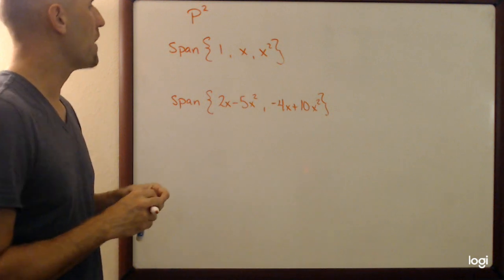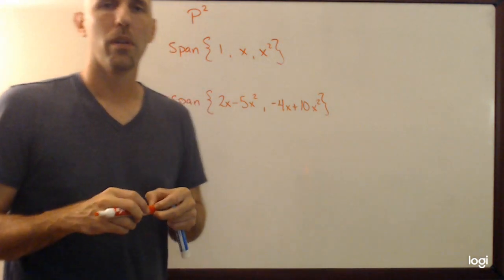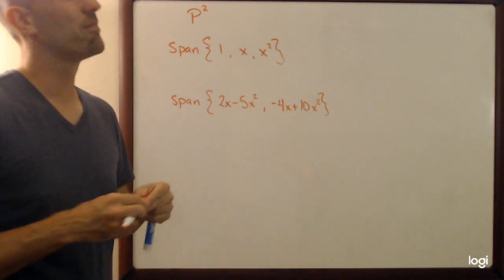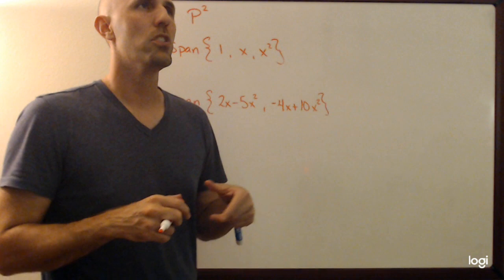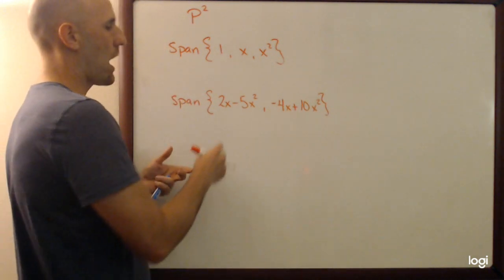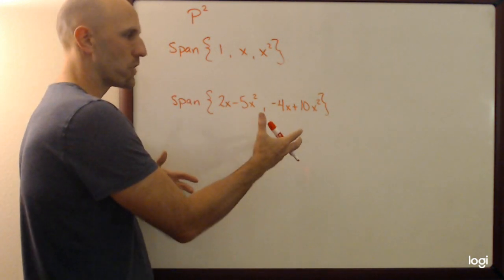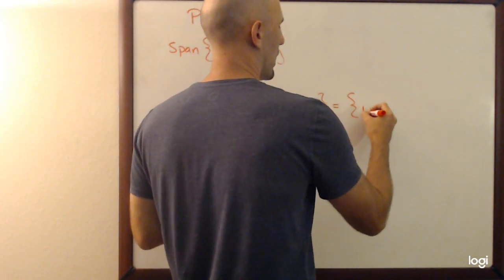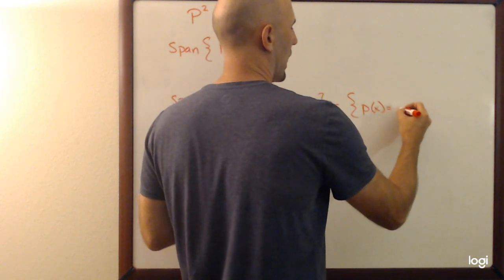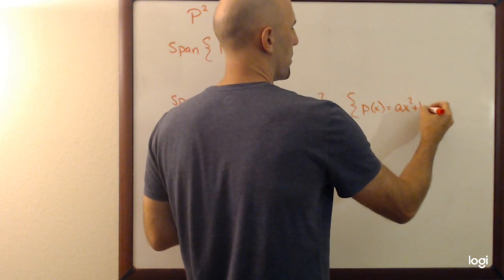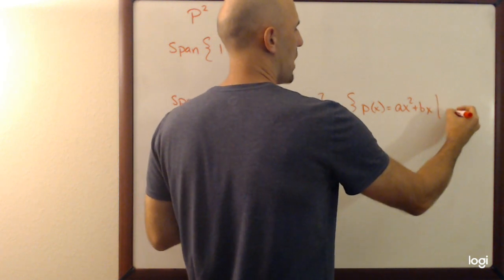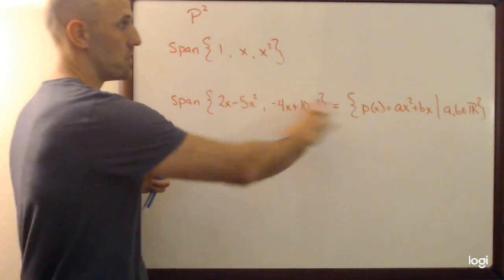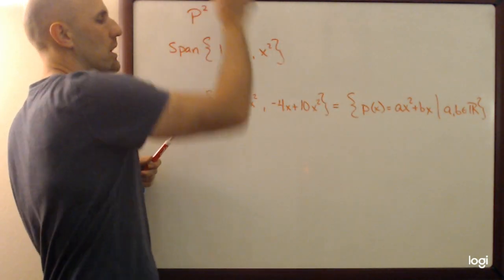And together, what do they span? Well, it would be a mistake to assume that because you have a linear term and a quadratic term present, that you could span, let's say, all polynomials that look like ax squared plus bx. Okay? This is just not true in this case. It would be a mistake to assume that. Let's see what they do span.